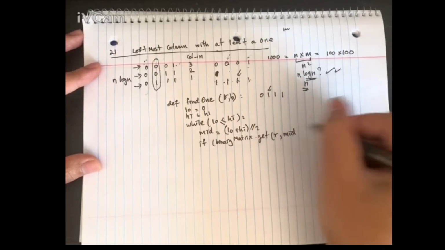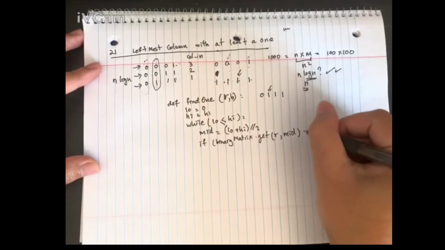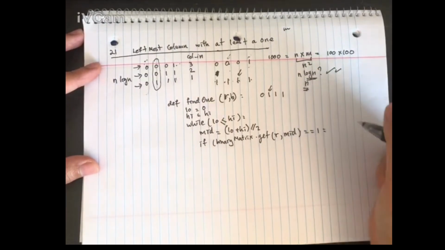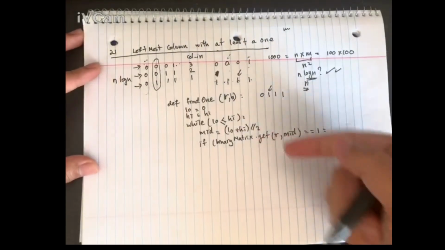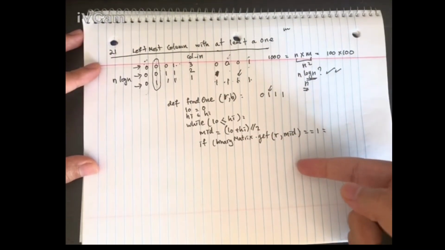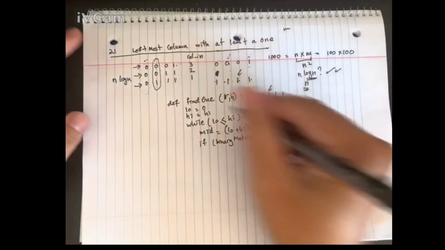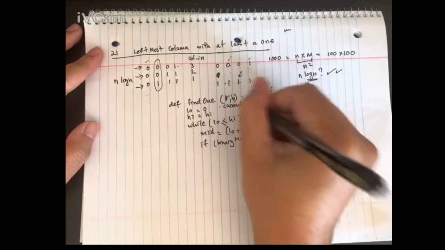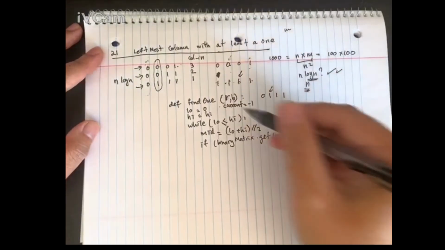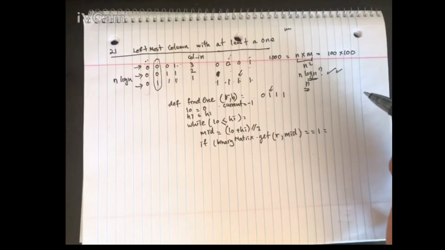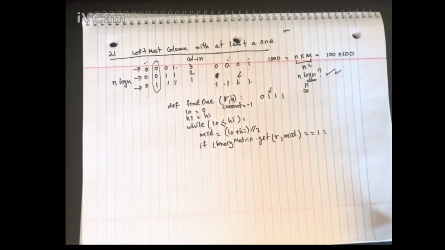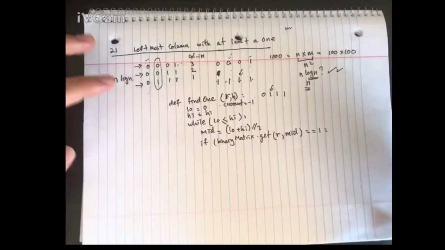So let's be mid. So if this is equal to 1, I think we also need another variable to keep the current column. So let's say current is equal to -1. So we initialize to -1 because that's a value that is not in the range of the answer. So we can initialize to -1.